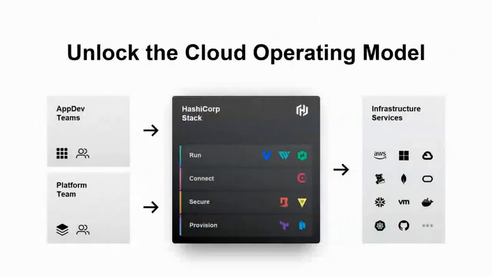And so all of that, to use a marketing buzzword here, is unlocking the cloud operating model. HashiCorp is all about enabling a robust cloud operating model across all four of those components that I mentioned earlier: provision, secure, connect, and run.